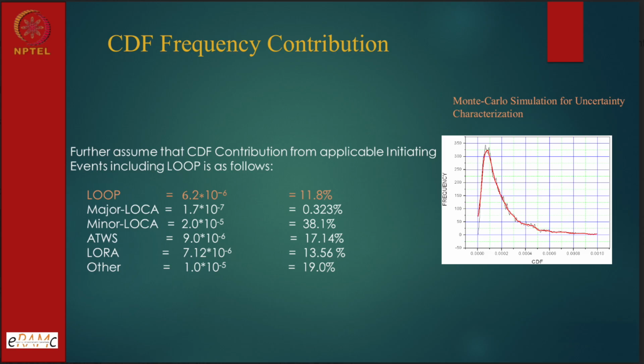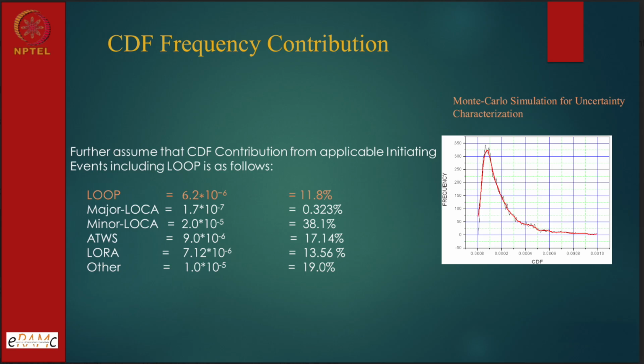So there is a procedure called Monte Carlo simulation, wherein the whole PRA model is subjected to random initiation at various points. You can see on the right side this figure, and this curve is generated using Monte Carlo simulation.